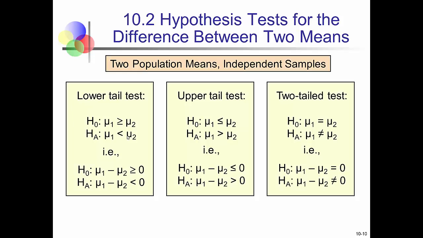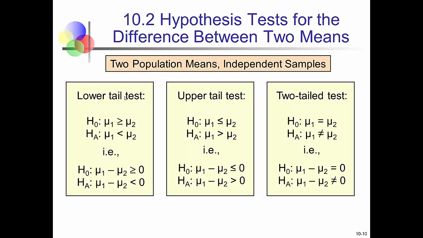That's really the same as saying that mean 1 minus mean 2 is less than 0. If the first mean is smaller than the second mean, then the difference between those two means would be less than 0. So when we actually perform the hypothesis test in the computer, this is what's actually being tested. In our brains, we're really thinking that mean 1 is less than mean 2 if we reject the null hypothesis.